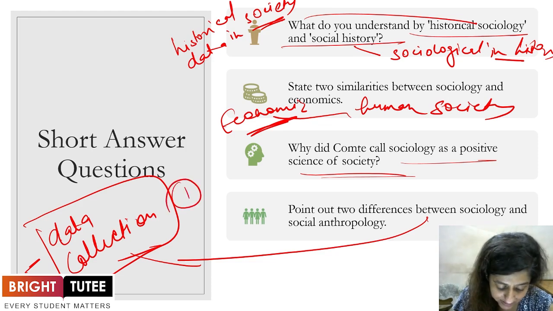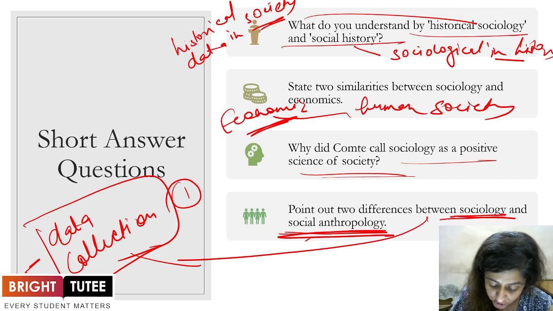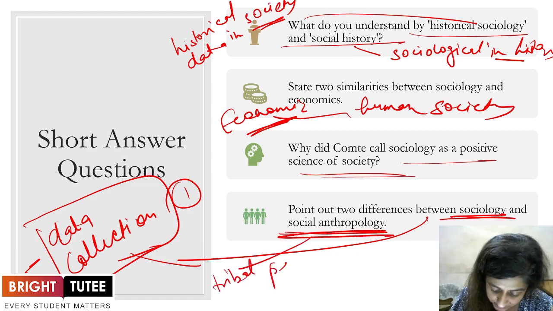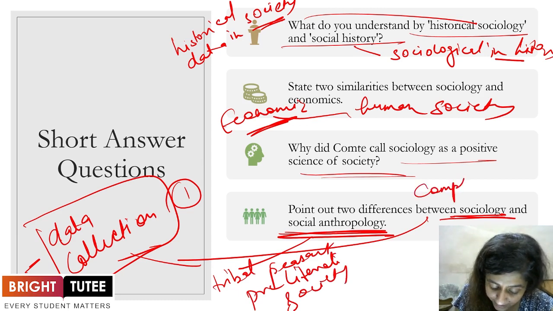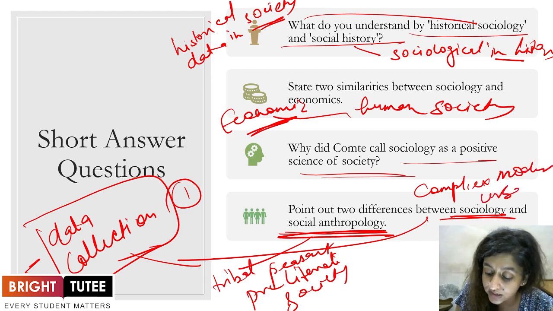The second is that social anthropology studies tribals, peasants and pre-literate societies, whereas sociology talks only about complex, modern, urban societies. These are the differences.